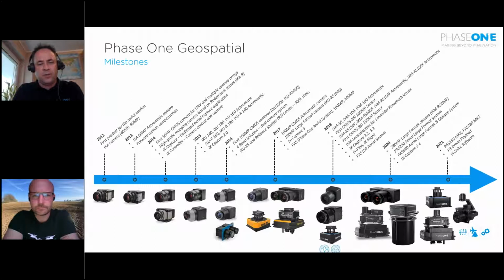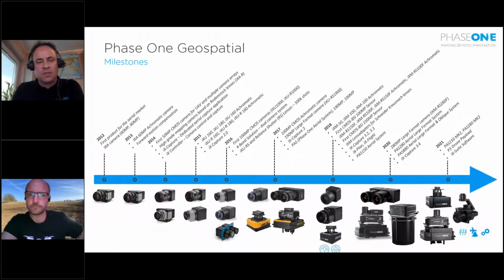Today, we offer the PAS 150 Mark II, a medium format camera system with 150 megapixel resolution, the PAS 280 Mark II and the PAS 280 Mark II 4-band. It's a large format aerial camera system with 280 megapixel and more than 20,000 pixel cross-track resolution, followed by the PAS 880, a phase 1 large format and oblique camera system with 280 megapixel nadir view and 4 times 150 megapixel oblique view.